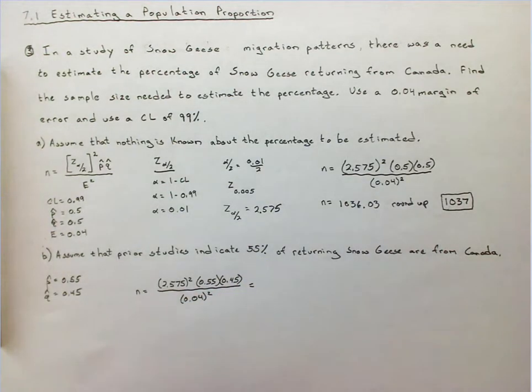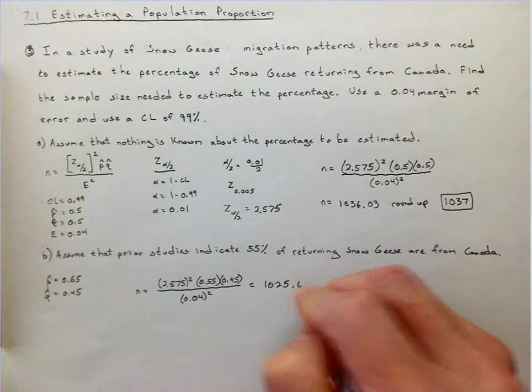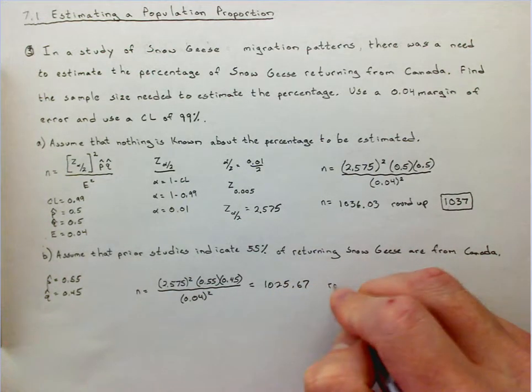And again, I just need to use a calculator and type it in. And I end up with some decimals after it, so I have to round up.